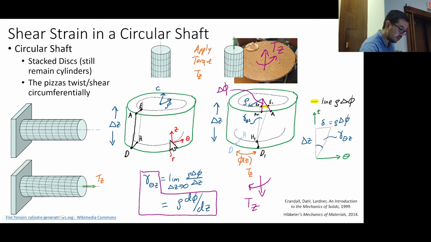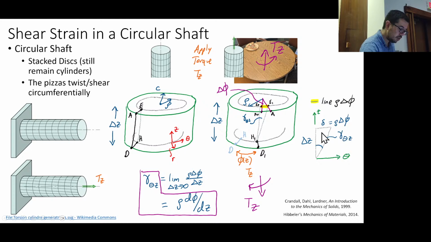R is the radial direction, the same direction as rho, but the theta direction, sorry, is circumferential around. If we look at that, with this delta z there's some angle here, and there is going to be a shear strain between theta and z.